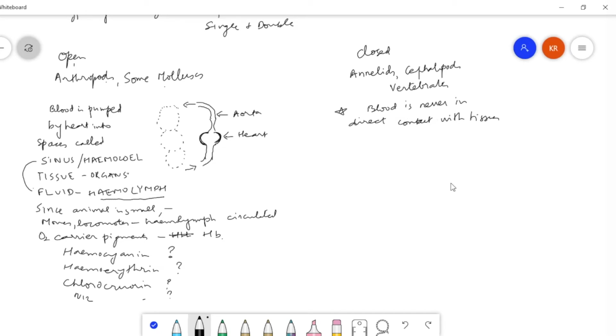So the simple diagram for this will be, we just assume that this is the heart. One chamber is the auricle and one chamber is the ventricle. This chamber is the auricle and this is, let's say, the ventricle. And this is pumping the blood.